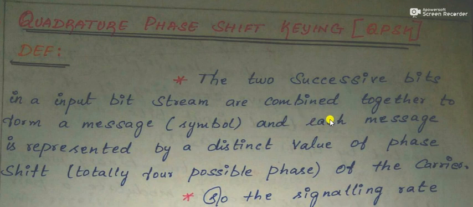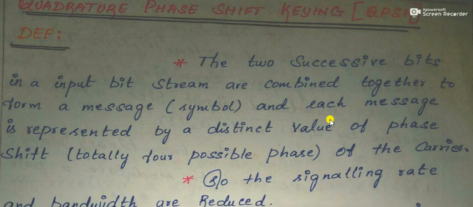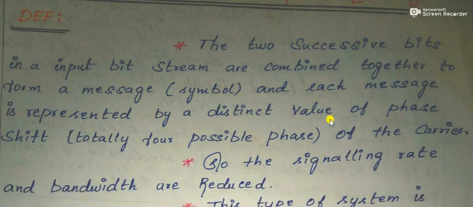So this type of modulation scheme is called quadrature phase shift keying. Quadrature means four, so it has four quadrants: quadrant 1, quadrant 2, quadrant 3, quadrant 4. And each possible value is a 90-degree phase shift.